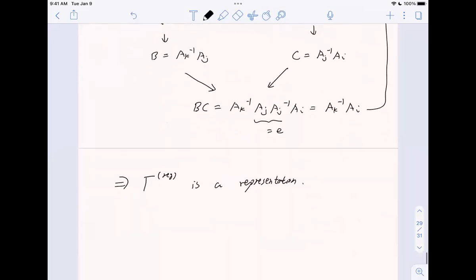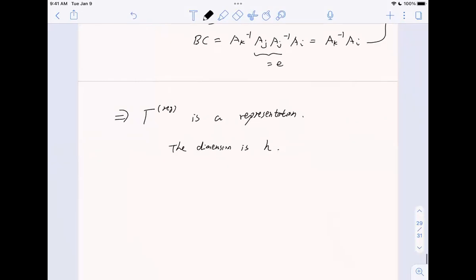But of course, it is a reducible representation. The dimension is H, because it is defined by using all the group elements. So the dimension is H.